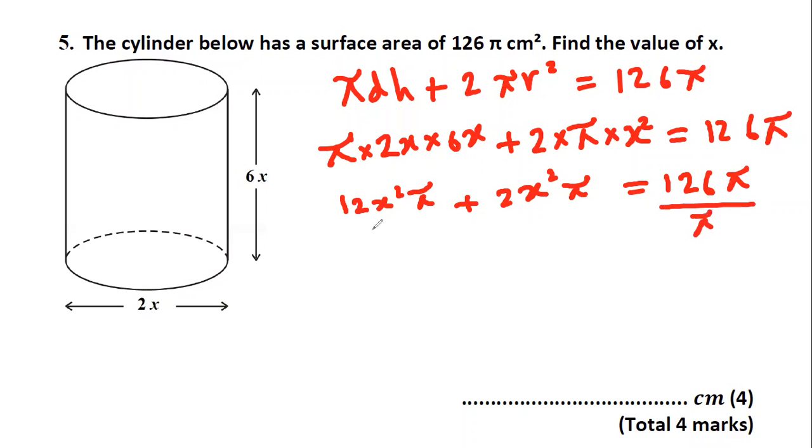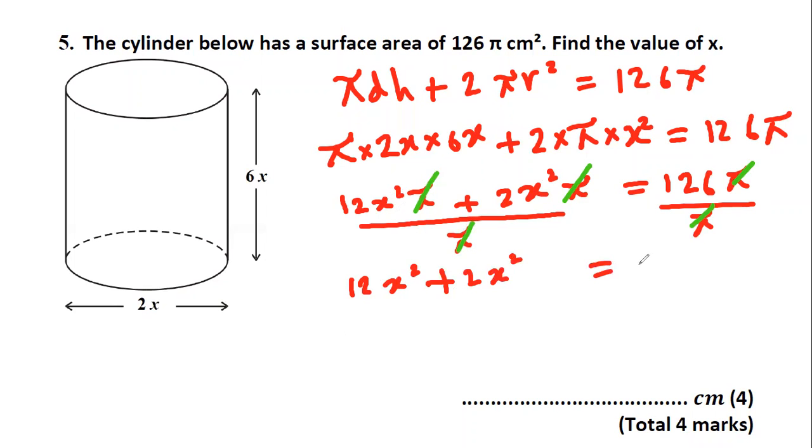Divide both sides by pi, which will help us get rid of pi. So the equation will be reduced to 12x squared plus 2x squared is equal to 126. Right, 12x squared plus 2x squared will give me 14x squared.